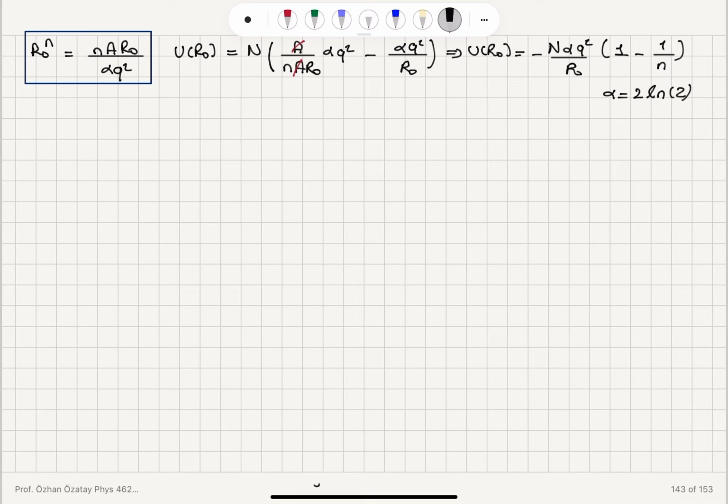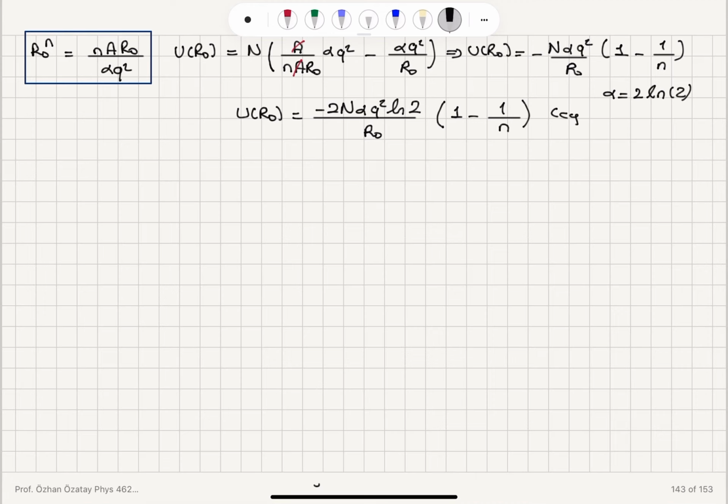So my final answer for the potential energy evaluated at the equilibrium separation R0, when I substitute the value for alpha, 2 log 2, is going to be minus 2N q squared natural logarithm 2 divided by R0, 1 minus 1 over n.